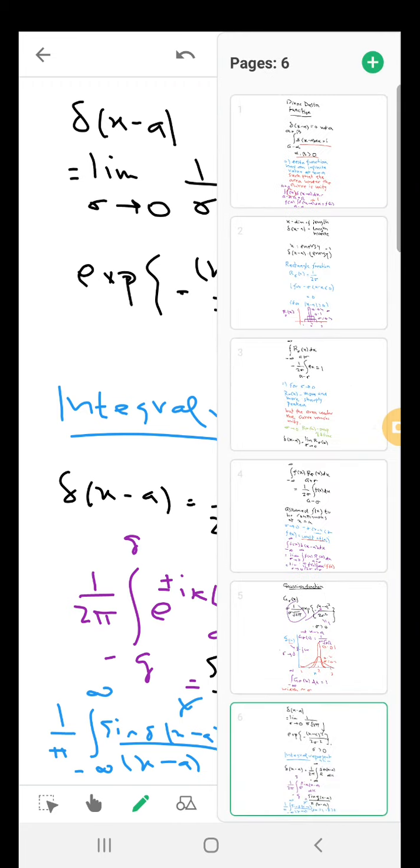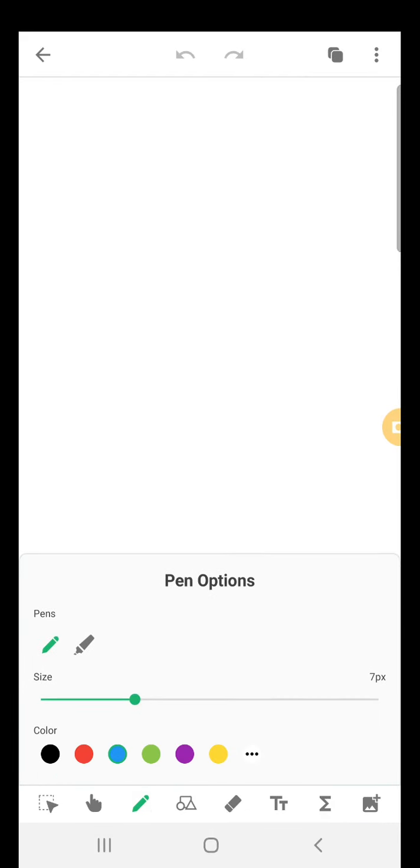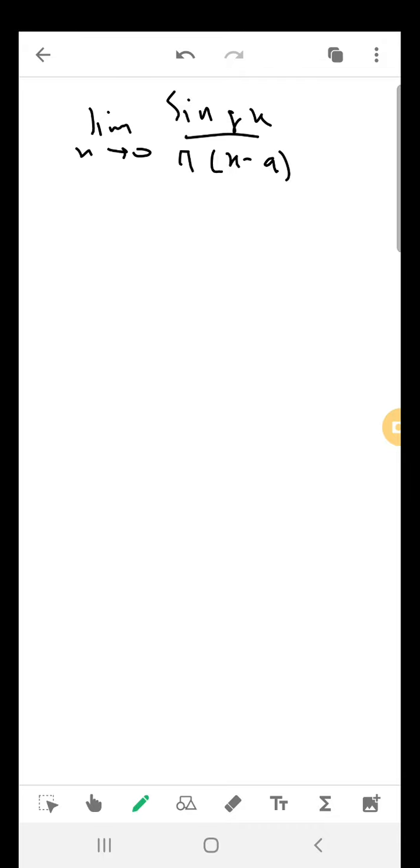And also we can write the limit x tends to 0 of sine gx divided by pi x minus a, which is g by pi at x is equal to a.